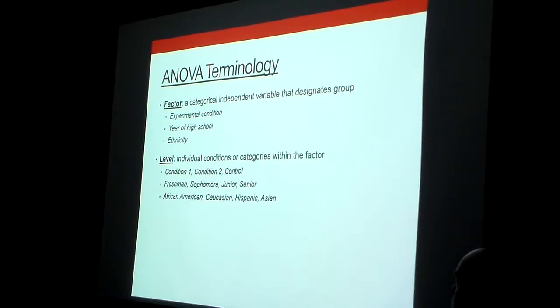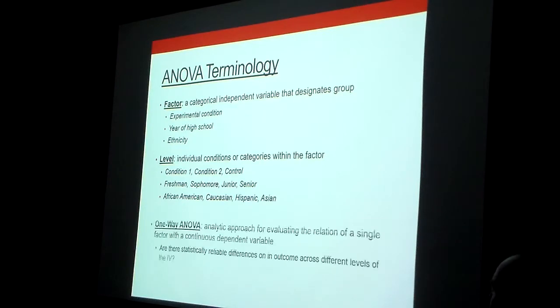Level: these are the individual conditions or categories within a factor. So we've got 3 levels to my experimental condition factor. We've got 4 levels to high school. In this study, we have 4 levels to racial ethnic background. So we've got our factors, and then we've got our levels.